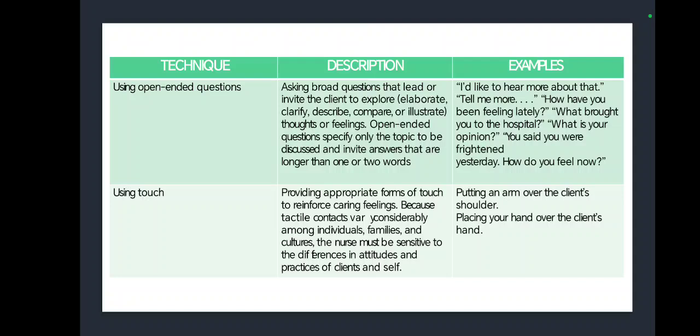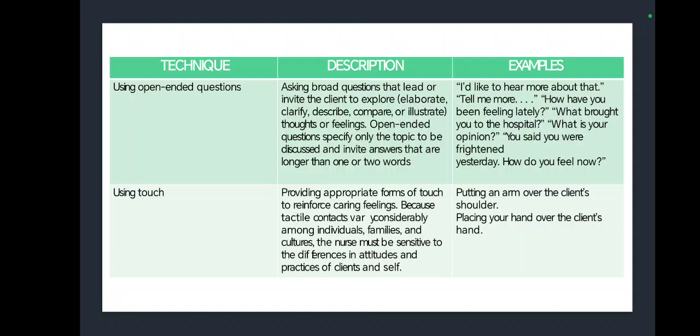Next, using touch. Providing appropriate forms of touch, reinforcing caring feelings, because tactile contacts vary considerably among individuals, families, and cultures. The nurse must be sensitive to differences in attitudes and practices of clients and self.